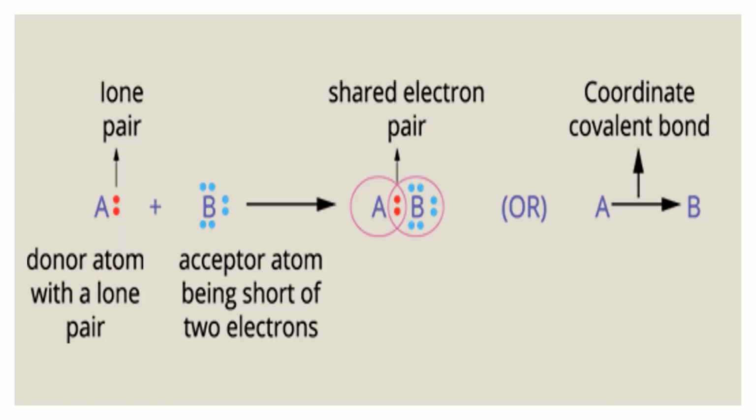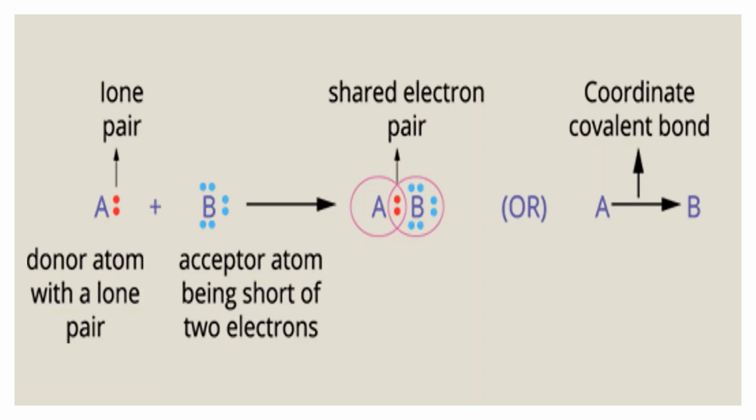That means 3 pairs of electrons in the outermost shell. So boron needs 2 electrons to get noble gas structure, octet structure. So therefore B is called acceptor atom, being short of 2 electrons.